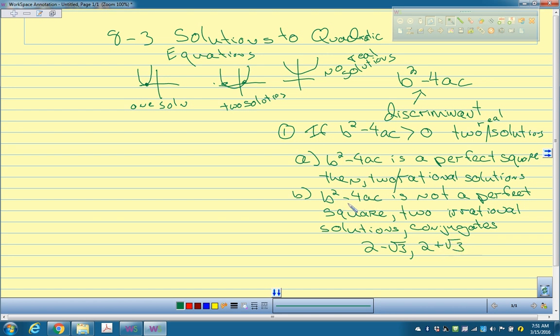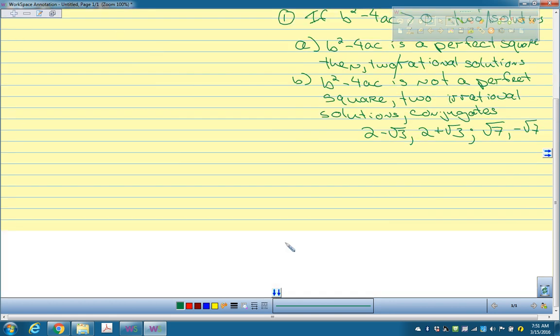Or you can have another set, like square root of 7 and negative square root of 7, okay? But over here, you're going to have two rational solutions, like fractions or whole numbers, and they could be plus or minus, okay?